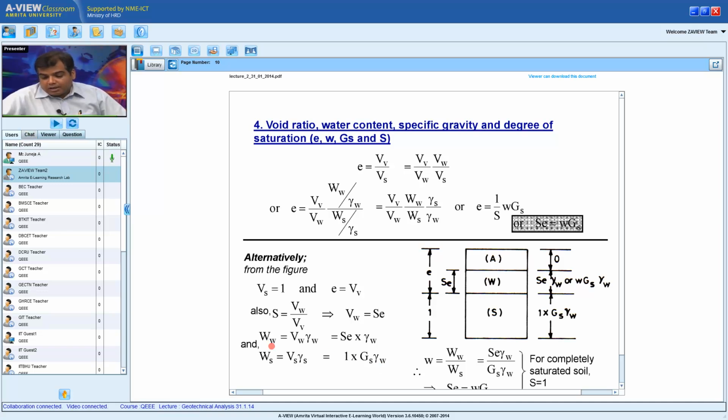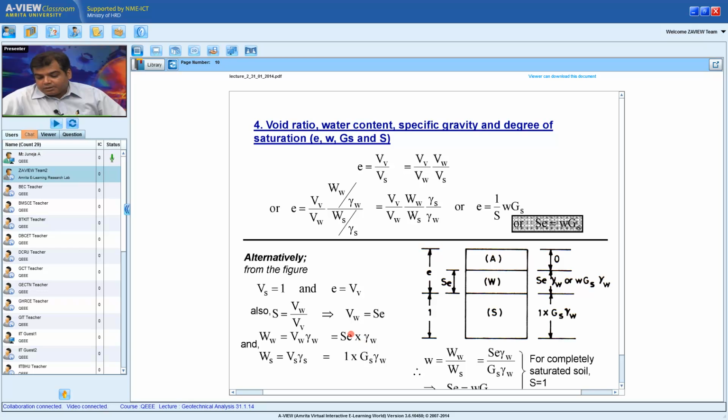If I take a ratio of weight of water to the weight of solids, it gives me water content. In other words, water content should be equal to, the numerator is this whole term over here, the denominator is this whole term over here.